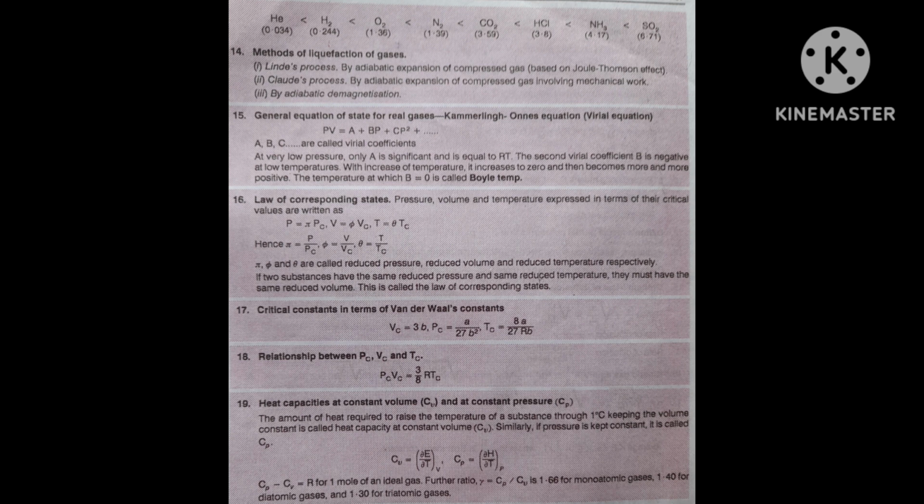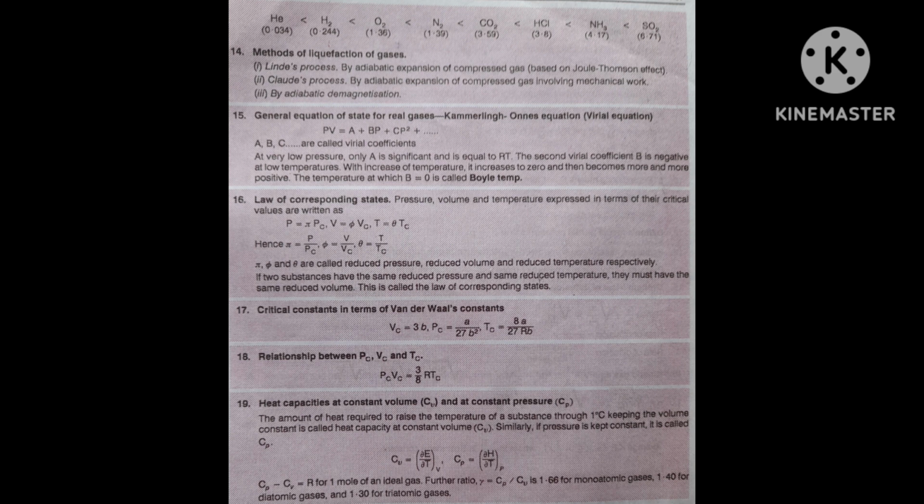The second virial coefficient, capital B, is negative at low temperature. With increase of temperature, it increases to 0, from negative to 0, and then becomes more and more positive.